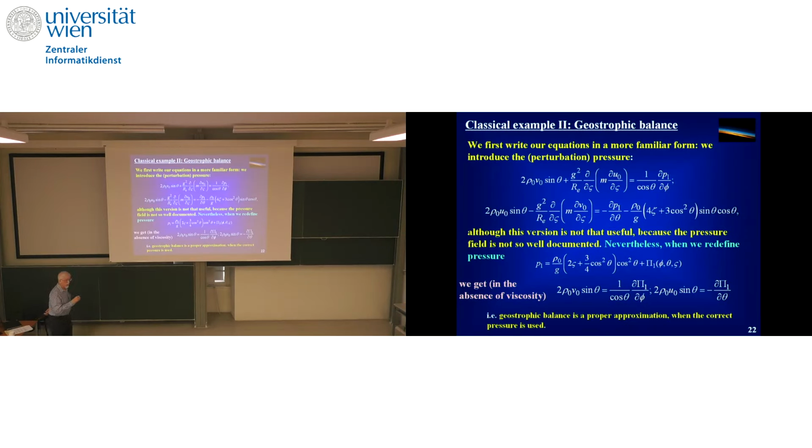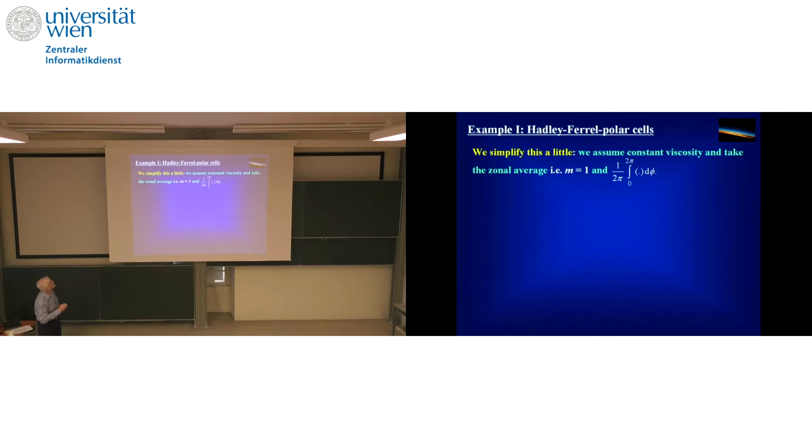In other words, I would argue, because I've done this carefully, systematically, we do have a proper approximation, although you have to be a little bit careful about the pressure that you use. So it has to be what I've called a capital pi 1 in here. It isn't the original pressure because you must take out this part before you start.